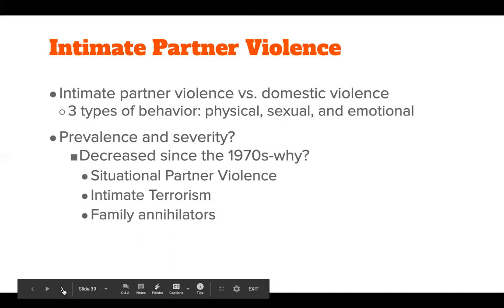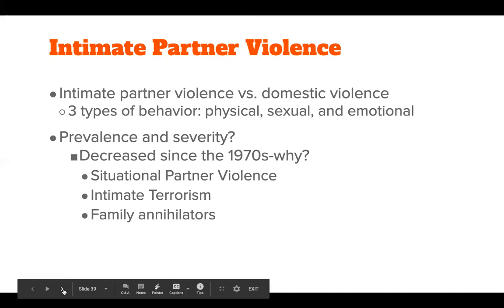And so when we talk about the decrease in IPV rates, a lot of that has been because there has been a decrease in violent retaliation. You don't have to violently retaliate against your partner necessarily if you have other ways of getting out of the situation. And women have had more opportunities, more resources to do that since the 1970s.